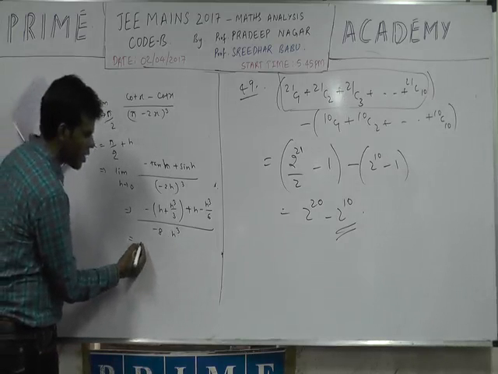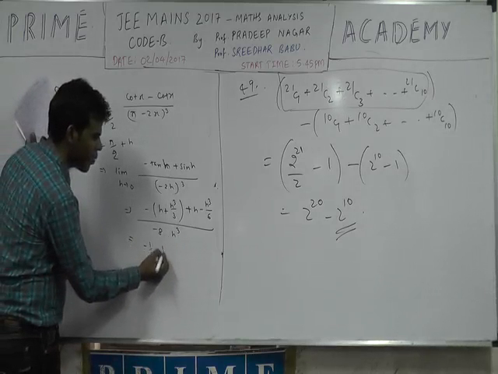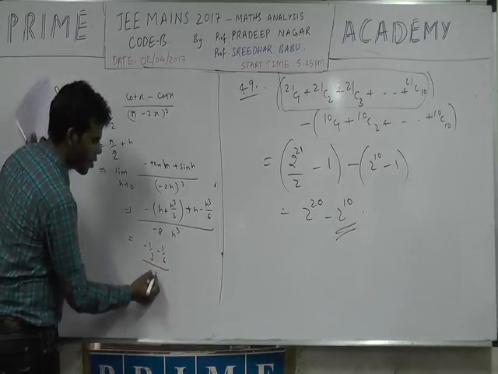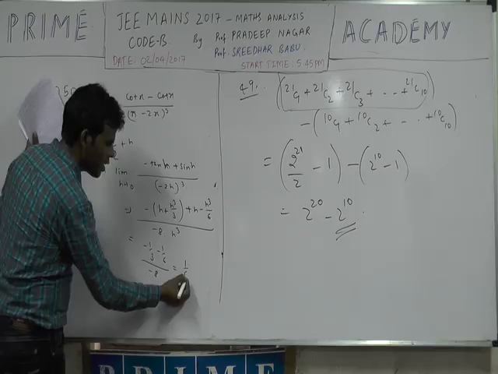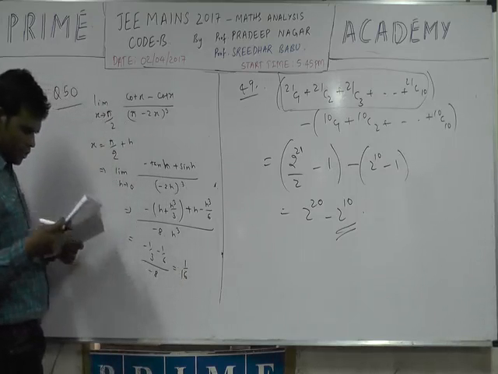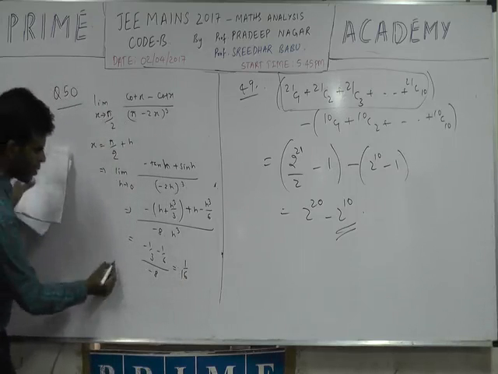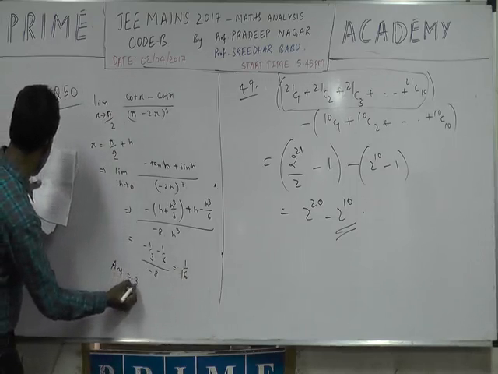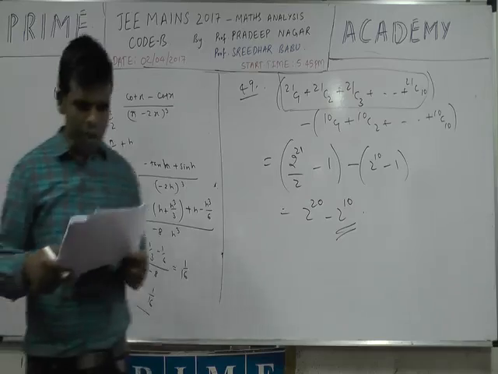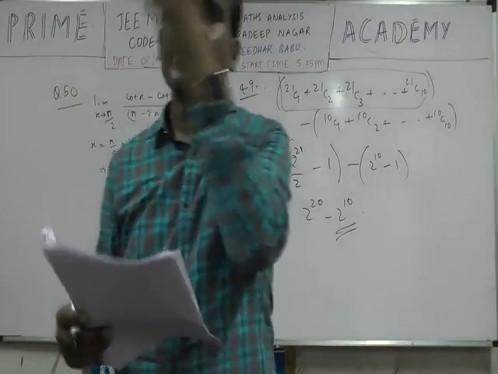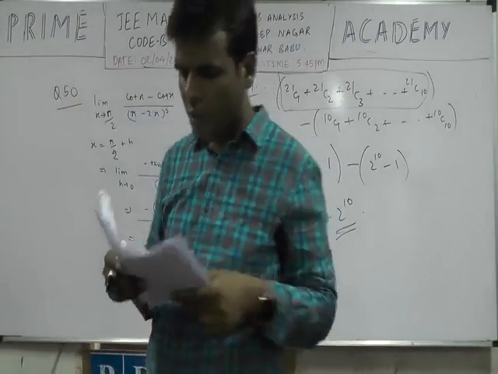That will give you your answer as this one, minus 1 upon 3 minus 1 upon 6 upon minus 8, that is 2 by 6, 3 by 6, 1 by 16. That is 1 upon 16 is the answer. That is option 3. So the answer of this question is 1 upon 16. You can also solve it by properties or L'Hospital as per your choice, no problem.